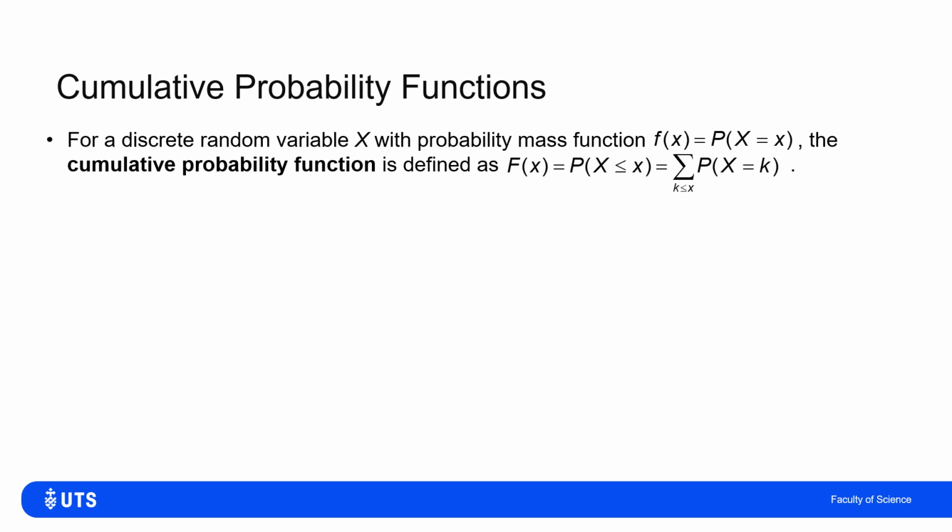And this is the idea of a cumulative probability function. It doesn't say what's the probability of a given outcome, but it's saying if I choose a point, what's the chance that the result of the random variable is less than or equal to the point I'm looking at.